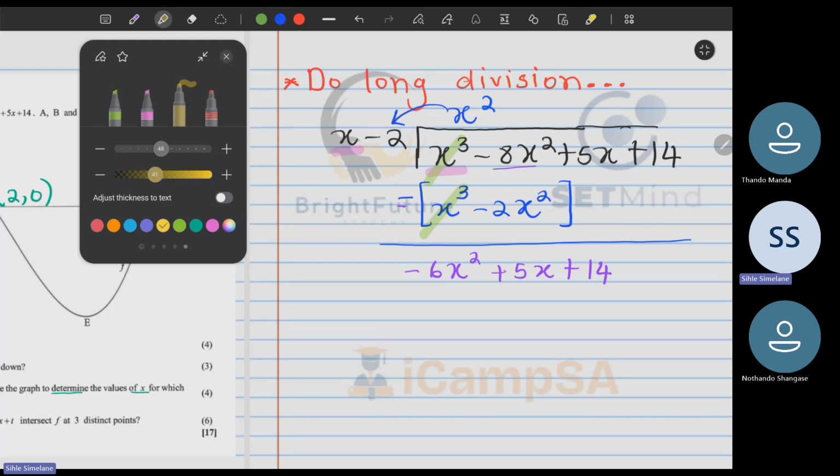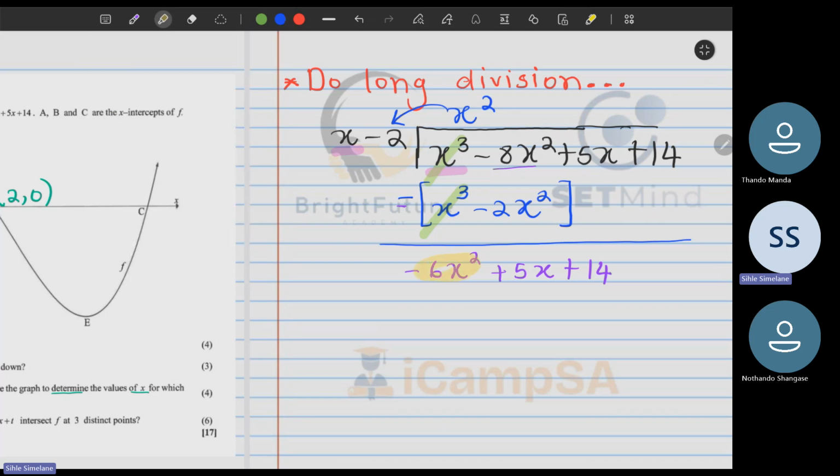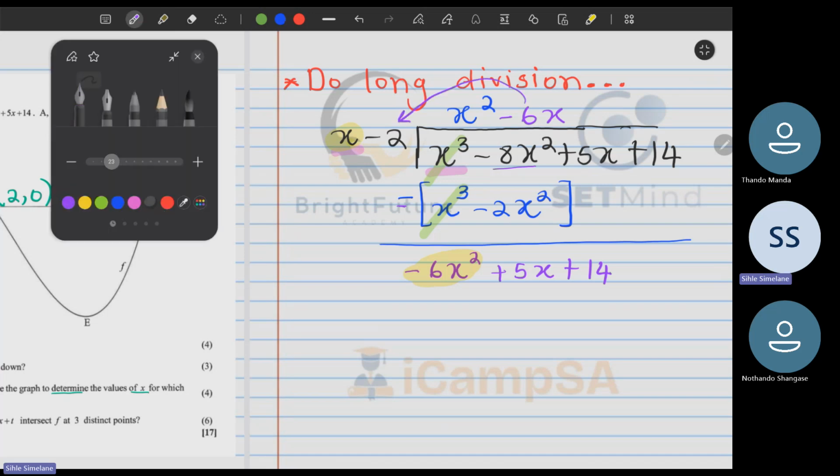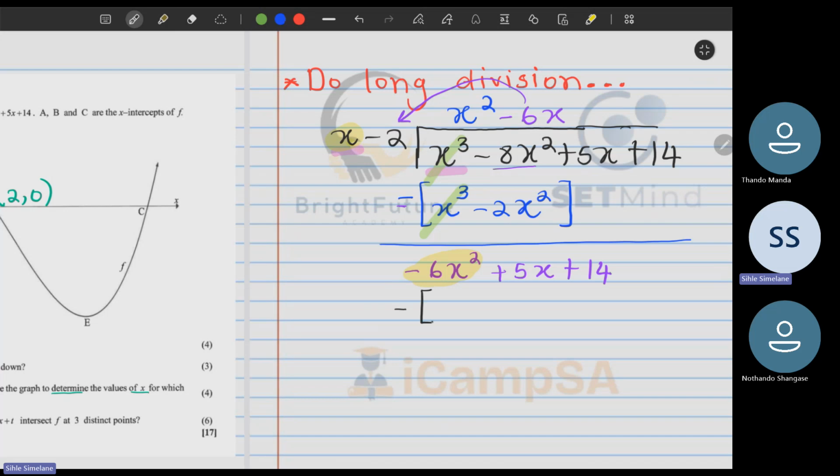And then again, we do long division. You take this and divide it by x. Negative 6x squared divided by x gives you negative 6x. Then you take negative 6x and multiply it down there. So we put in a minus, then you open: negative 6x times x becomes negative 6x squared, then negative 6 times negative 2 becomes plus 12x.